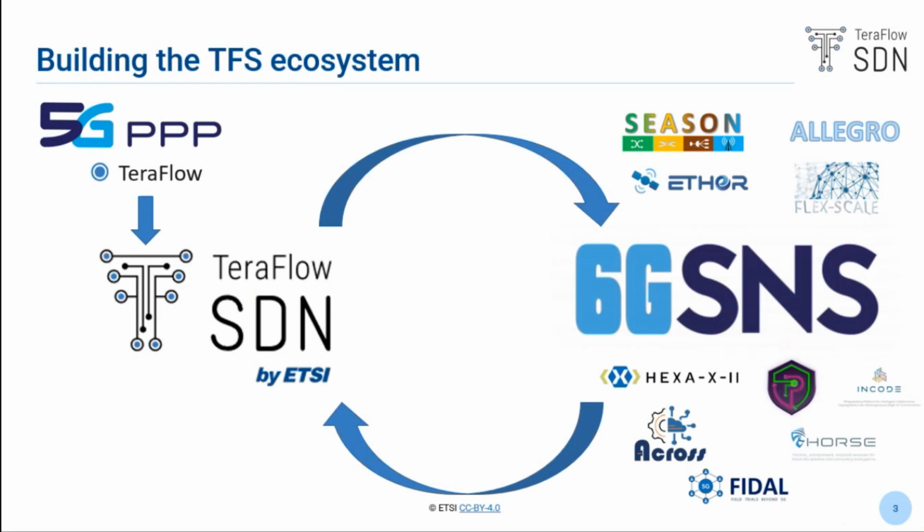So first of all, why we are here. This is a slide I have been preparing for a long time and have been showing a lot. We started as the TeraFlow project, a 5G PPP project. We evolved into the TeraFlowSDN community at ETSI.